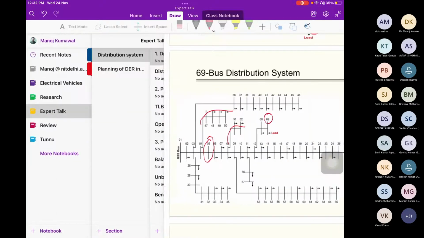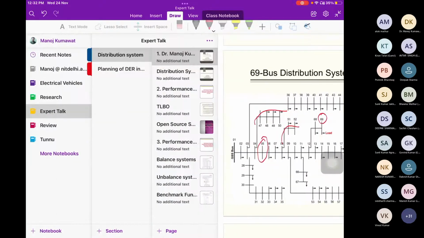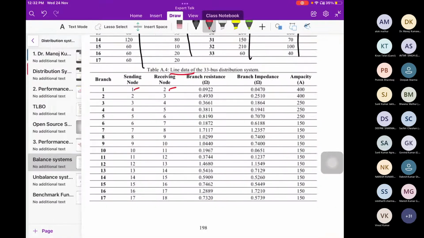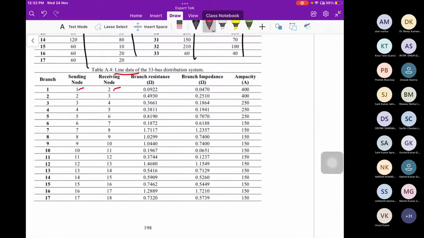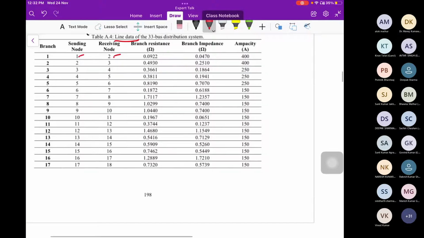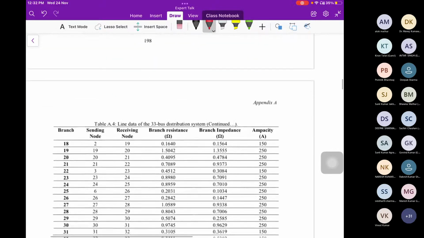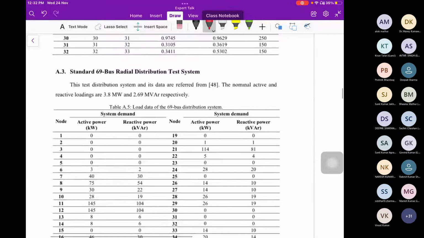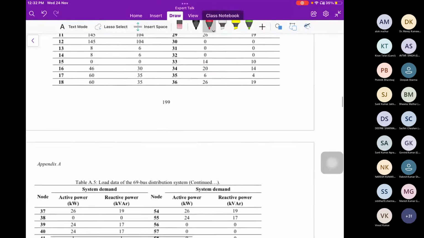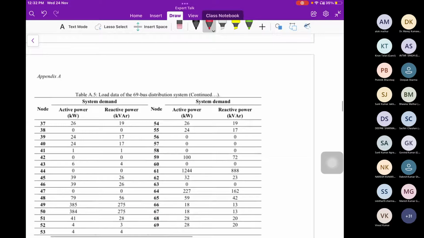This type of structure can be defined in Excel form. So we can read these values and analyze this data to define the distribution systems. This one is the 69 bus system.